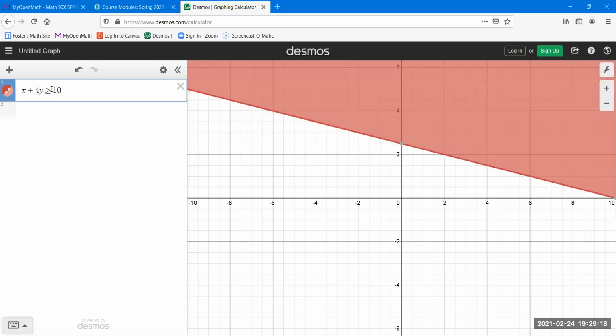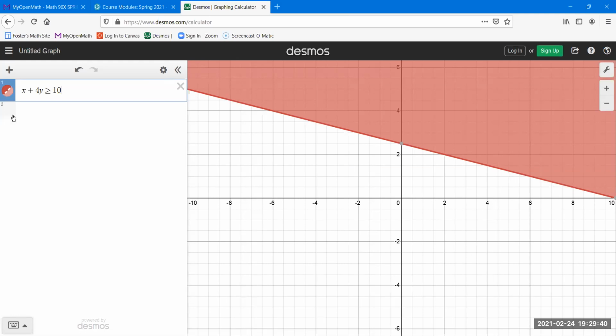So it graphed a line. Is everybody seeing my Desmos? Okay, I just need to make sure, I don't trust technology. So again, that's the first line here. We said shade above it, and that's what it's trying to tell me. And notice it's a solid line.